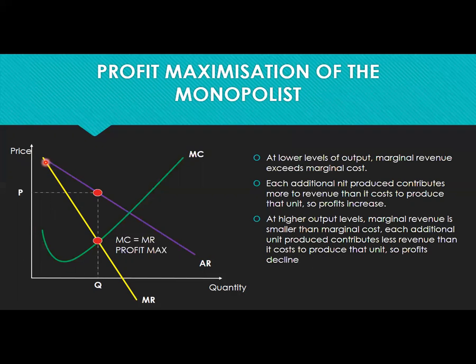So anywhere where your revenue per unit exceeds your cost per unit, you are still making a profit up to this point. From this point forwards, your costs start exceeding your revenue, and that doesn't make sense in any business. So you are going to stop producing at this quantity.